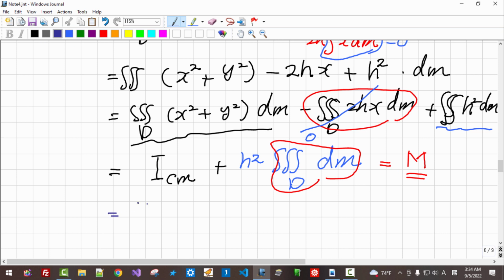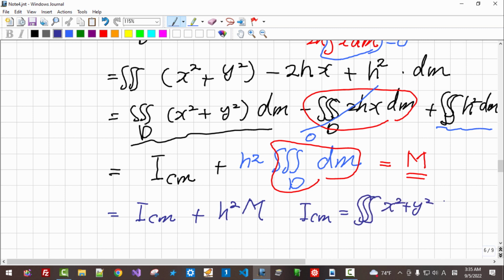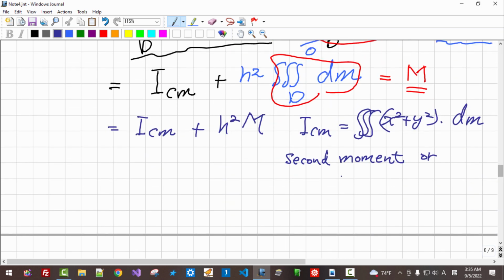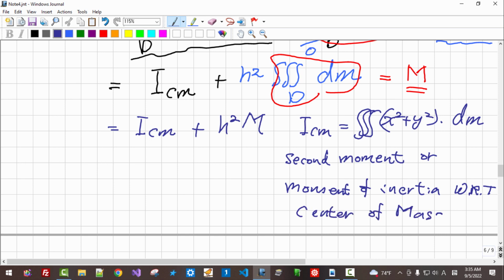So it becomes I CM plus h squared m. I CM equals the integral of (x squared plus y squared) dm. This is the second moment, or moment of inertia, with respect to the center of mass.